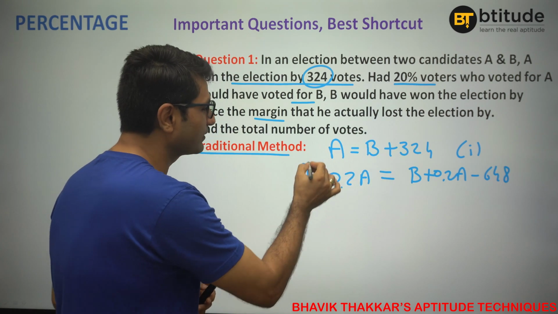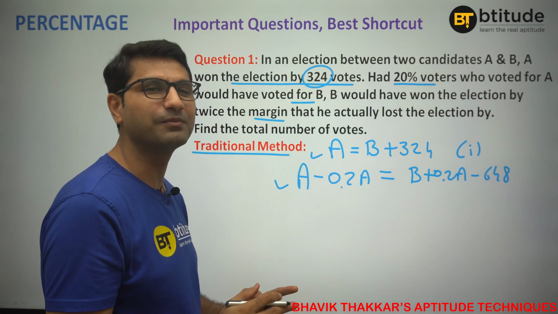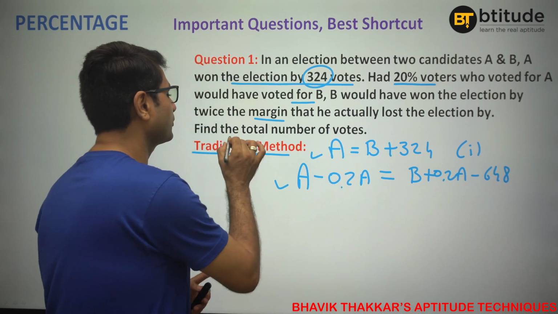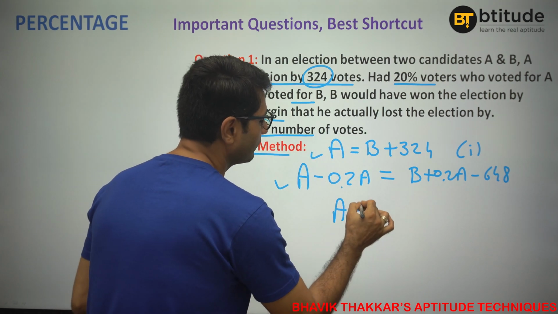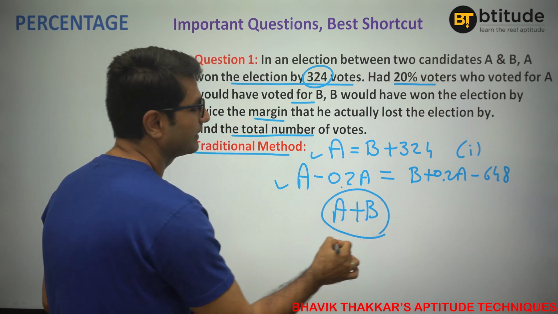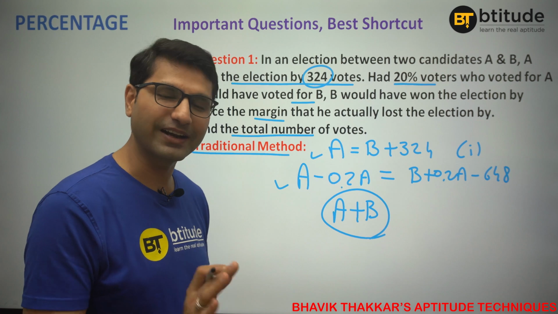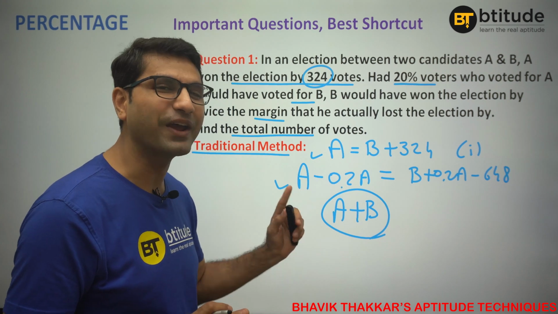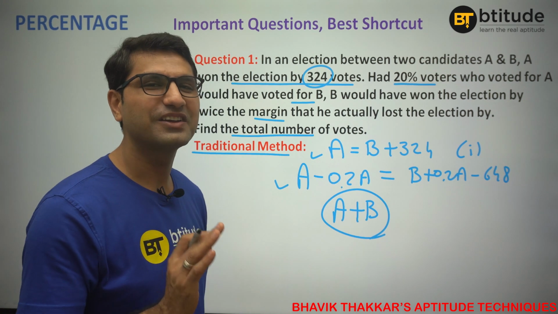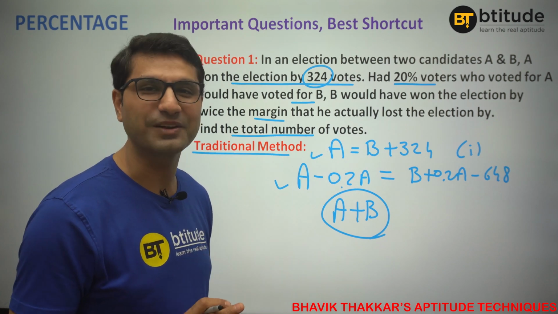So there are two equations, 1 and 2. Because we are supposed to find the total number of votes, you can find A plus B by solving them. That is one method. I am not going to solve this; I am just giving you an idea of how exactly you can solve this particular question using the traditional method.